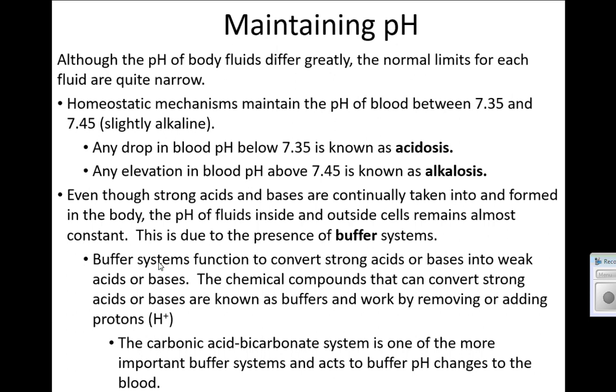Looking at that table, it should be very obvious that various fluids in our body are very different with regard to pH. Gastric juice is the fluid in our stomach, with a pH somewhere around 2. That's a lot different than a pH of 7.4. So they're all going to vary differently, but they all have to be at a certain area to function correctly.